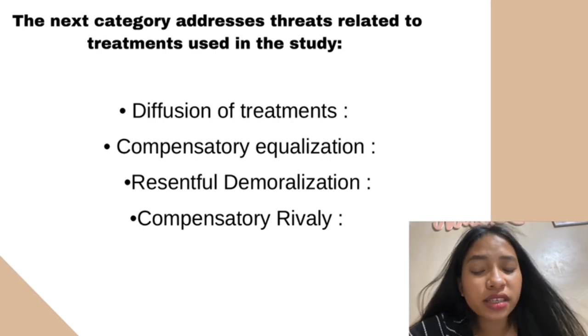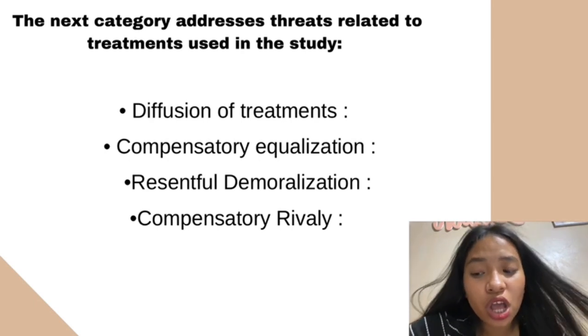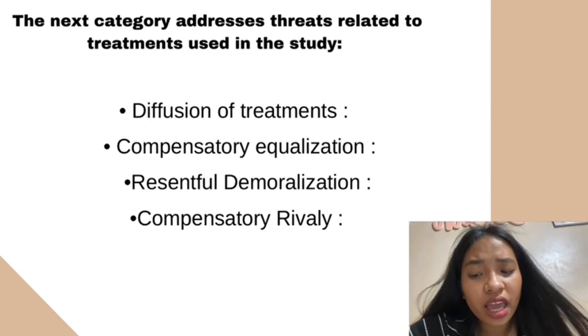So if you publicly announce assignments to the control and experimental group, compensatory rivalry may develop between the groups because the control group feels that it is the underdog, or researchers can try to avoid this threat by attempting to reduce the awareness and expectation of the presumed benefit of the experimental treatment.